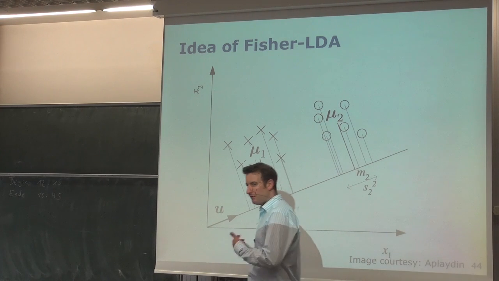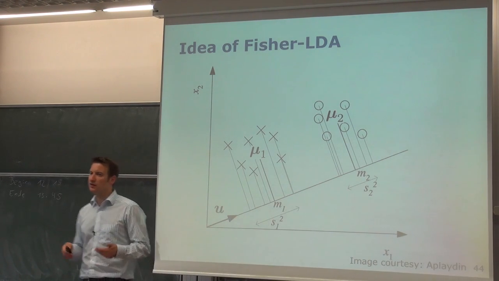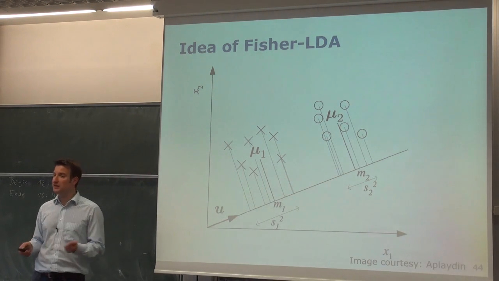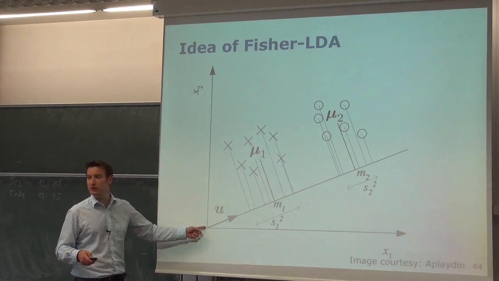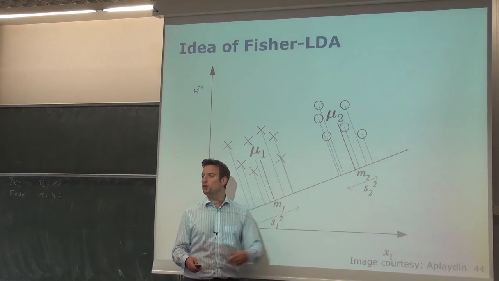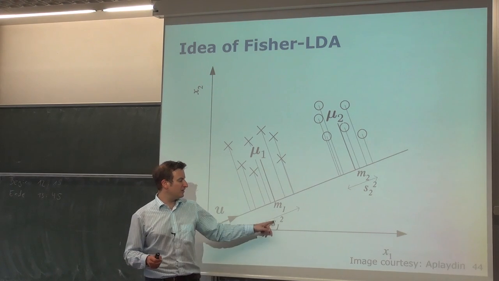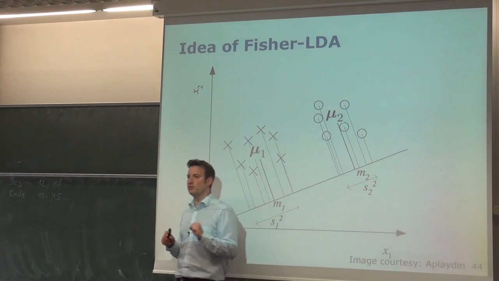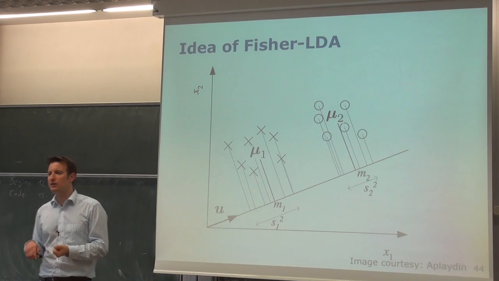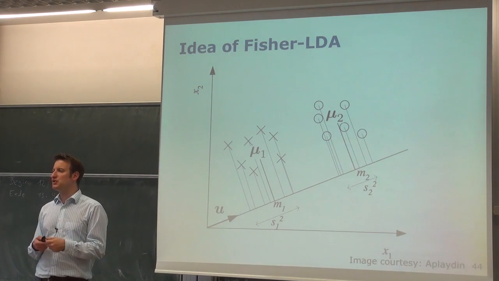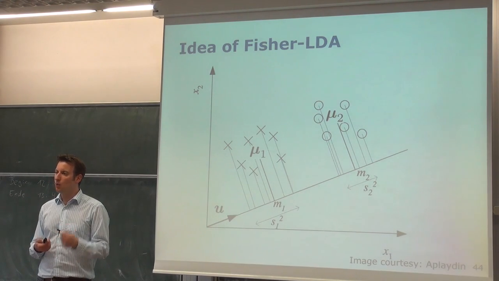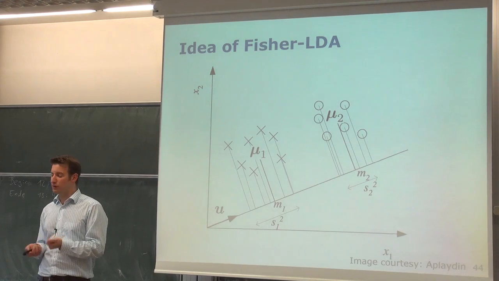If I find a way to formulate this as an optimization problem, so that I find the U where M1 and M2 are as far away from each other and S1 and S2 are as small as possible, then I found a new dimension which allows me to separate those classes well.